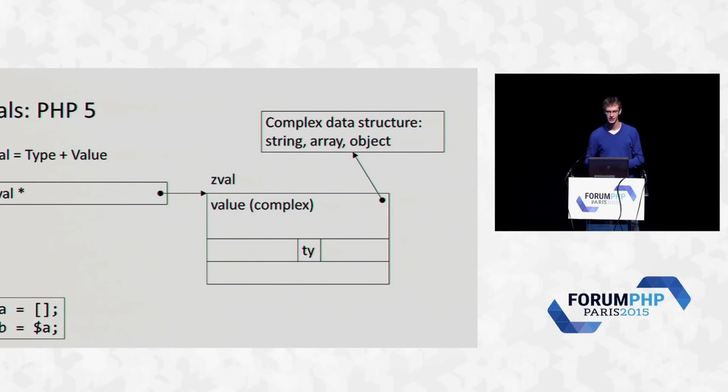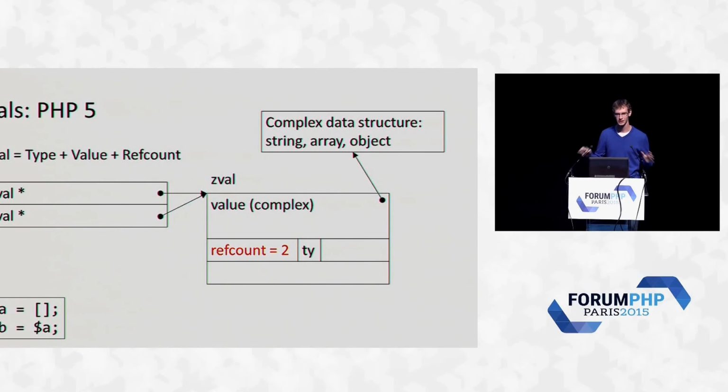So what PHP does is allow sharing zvals. So this is supported by introducing a reference count. This reference count just tells you how often this value is currently shared. And now we can implement this second assignment, b equals a, by adding another pointer to the same value and incrementing its reference count.